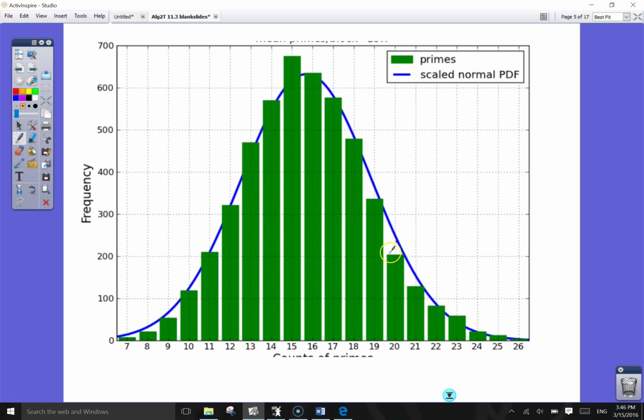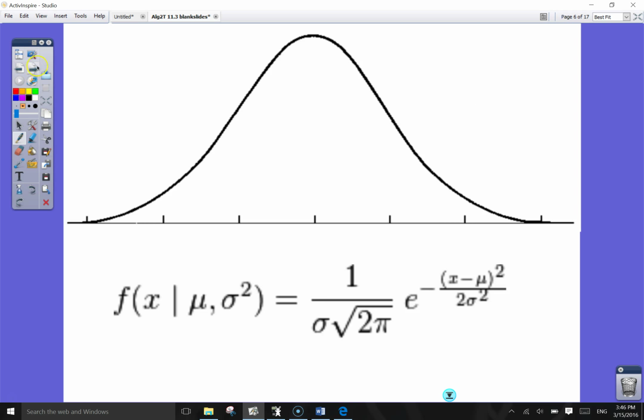There are some places where it's a little bit low, and some places where it's a little bit high. But for the most part, it looks like a good approximation. So just like we used functions to model our scatter plots, we can use a normal curve to model probability distributions.